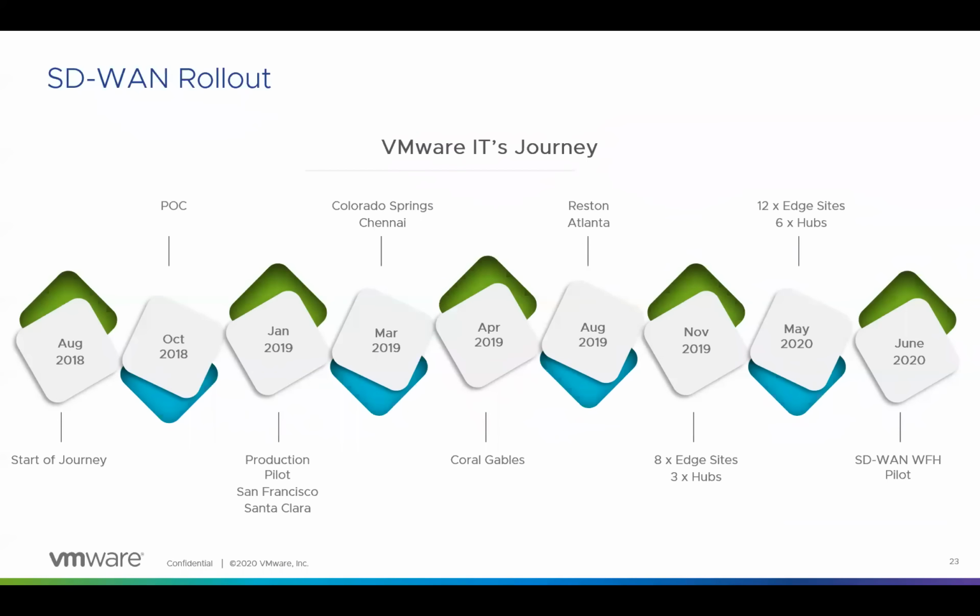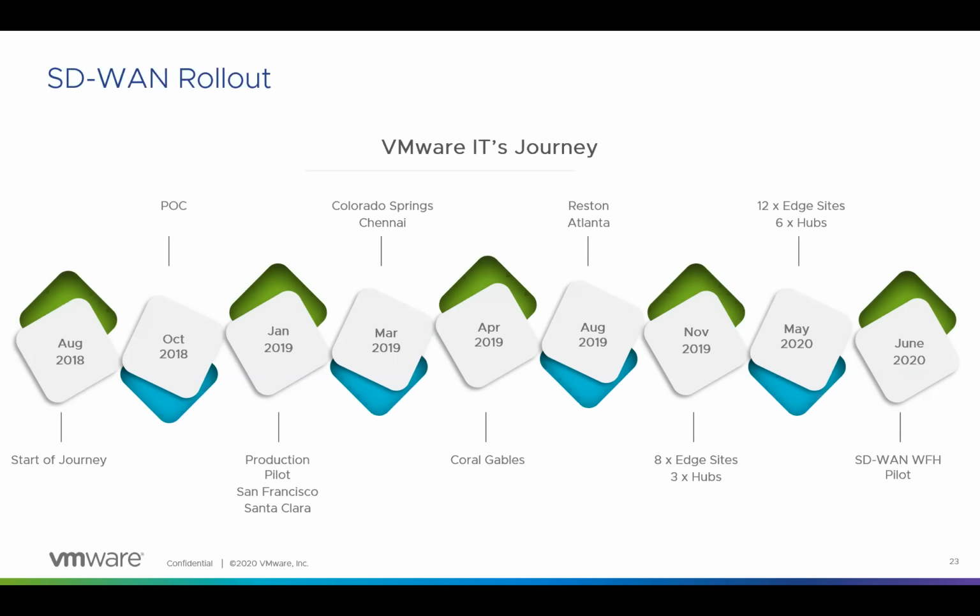And finally, since the beginning of June, we started working on the VeloCloud work from home pilot to improve our colleague experience. And as I mentioned earlier, our goal is to ensure all the success criteria is met for this pilot as well.